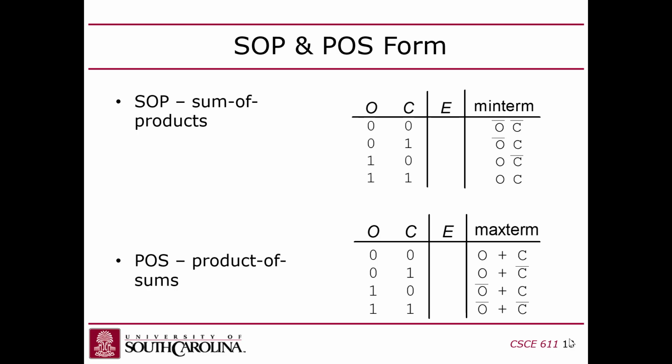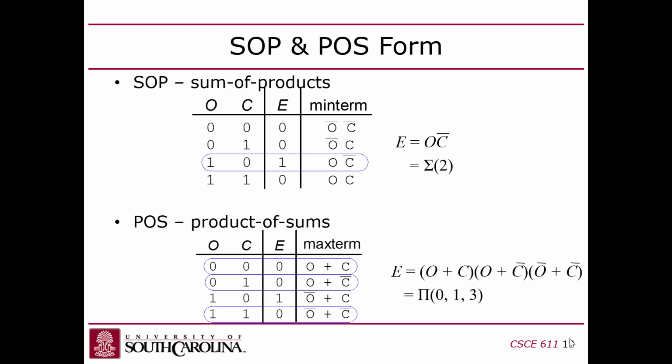Okay, so if we take that truth table, we can calculate a minterm, which is O and not C, which is minterm 2, 2 being 1, 0 in binary. And then if we do max terms, we've got 3 max terms because we have 3 rows that produce a false output.